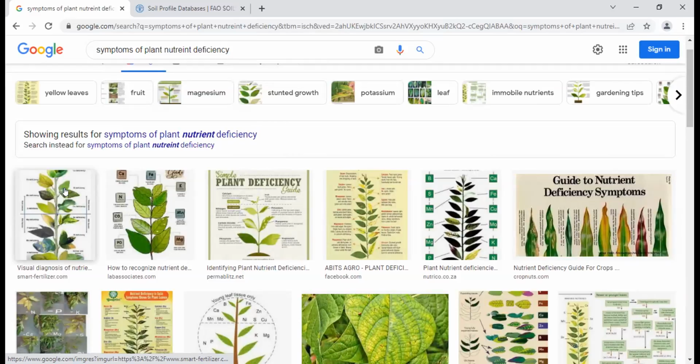Even with salinity and problems like this, there will be very clear symptoms on the plant coming from the effect of salinity. Normally, on saline soils, the growing crops are stunted. Also, the color tends to be dark green, and the general growth of the crop is not comparable to the standard one.